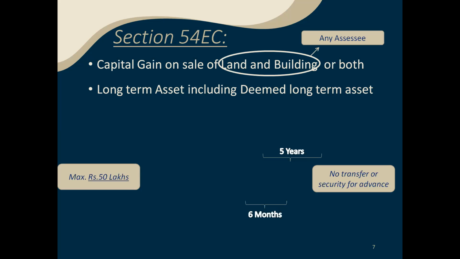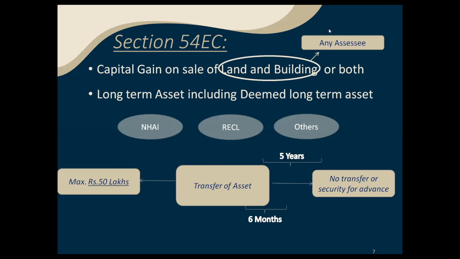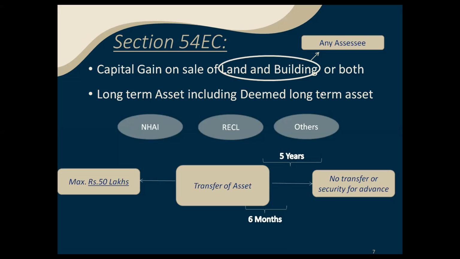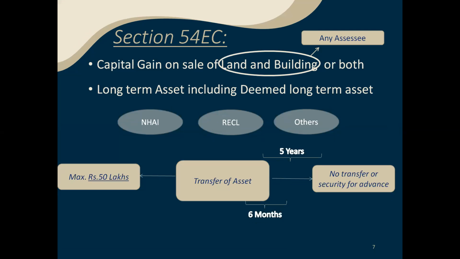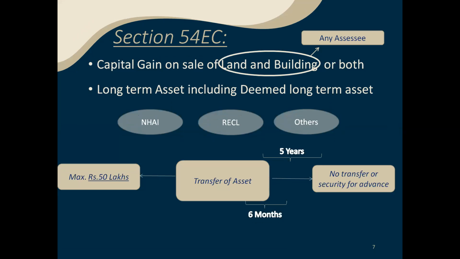Within 6 months from the date of sale, you should have bought these bonds, the 3 bonds, whichever is available for exemption here: National Highway Authority of India, Rural Electrification Corporation Limited, or any other bond that has been notified by the central government. You should have a 5-year lock-in period for this. So it should be redeemable only after 5 years from the date of purchase.